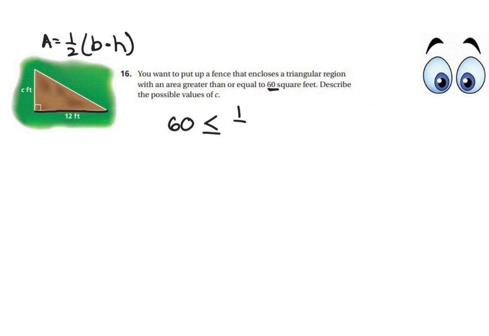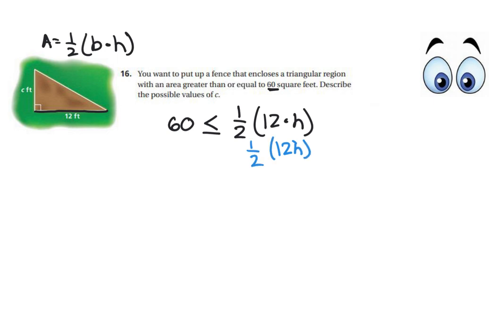So we need this 1/2 12 times h. So we need this chunk right here, 1/2 12 times h, to be bigger than 60. So here's what we do. 12 times h is 12h.